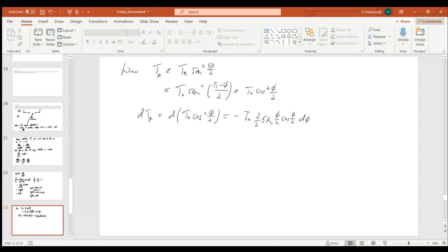And don't forget, we had d omega prime in theta is 2 pi sine theta d theta, and so d omega prime in phi is also 2 pi sine phi d phi.